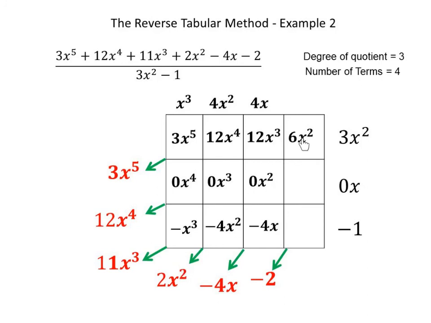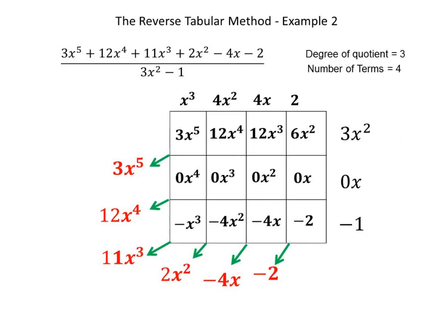And now we can use this in the same process as before to find what's going to be up there. We know that it's going to be 6x squared divided by 3x squared. This is going to get you 2, and this is going to cancel out. So 2 should be up there, 2 up here.